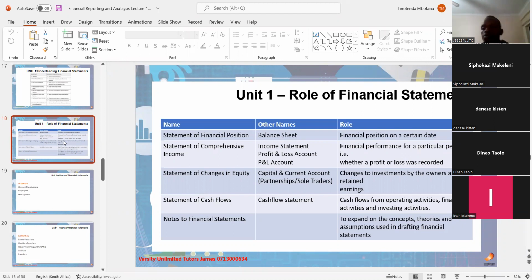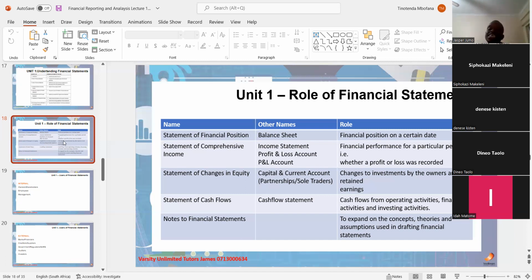You know that this goes to income, this goes to expenses, this goes to assets, this goes to liabilities. You put it in the proper order and you're done. So the purpose or the role of the statement of comprehensive income is to show whether you have made a profit or a loss in a particular year, i.e. to measure the performance of the company for that particular period.